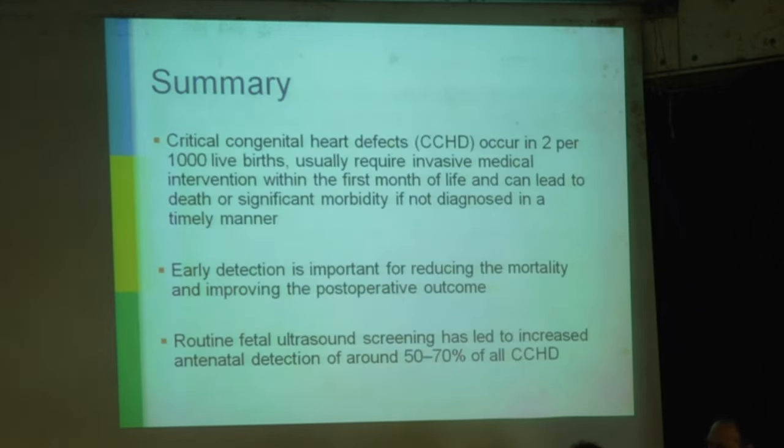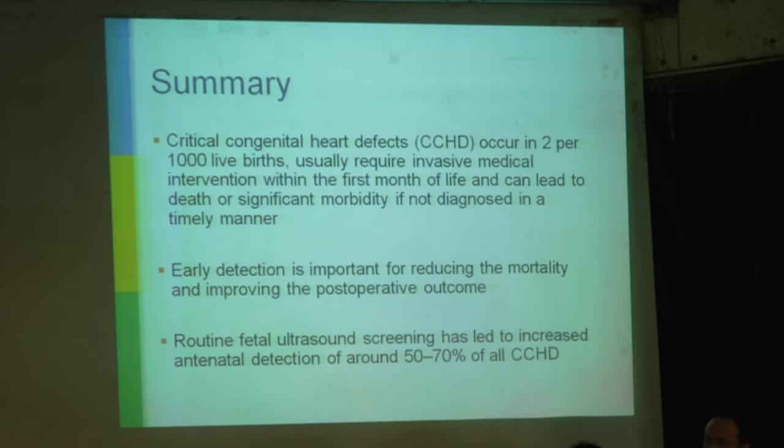So in summary, critical congenital heart disease occurs in 2 per 1000 live births and usually requires invasive medical intervention within the first month of life, and can lead to death and significant morbidity if not diagnosed early. Early detection is important to reduce mortality and improve the post-operative outcome.